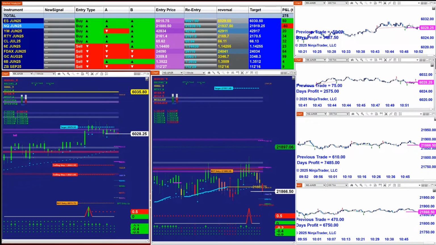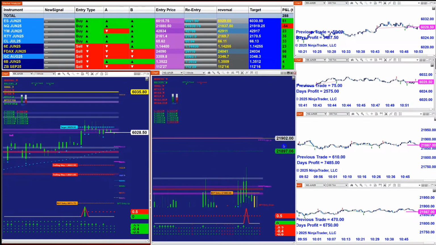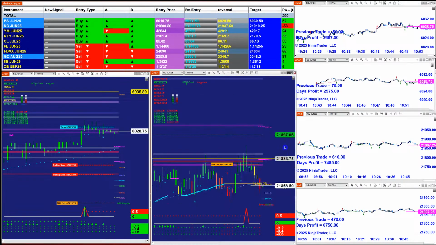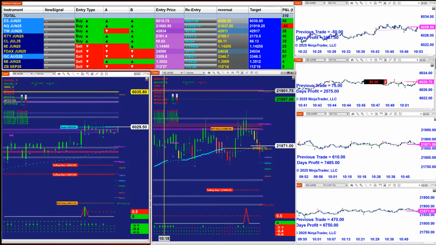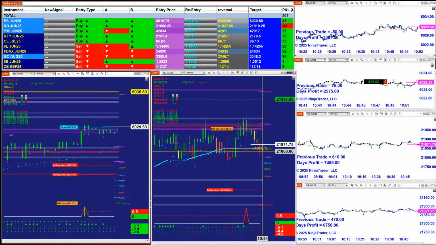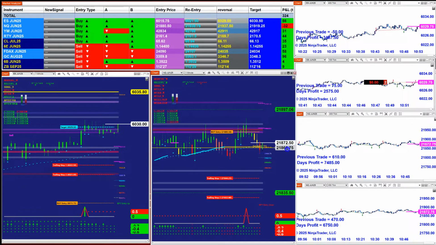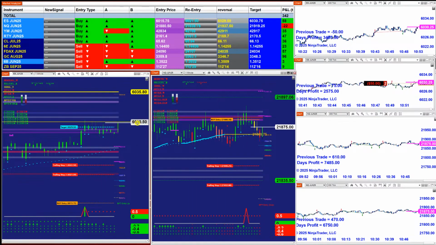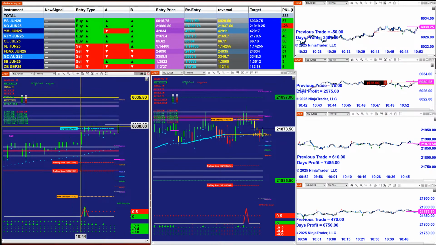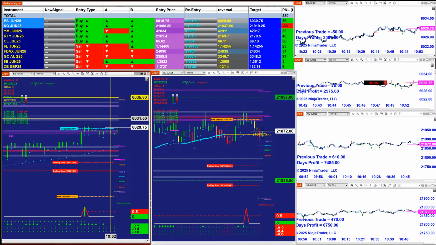As you notice, the Nasdaq didn't make it. It stayed below, and now it's going down. It's going south, and the Nasdaq is really having a problem getting anywhere. And guess what? The ES right now is climbing to this area here.